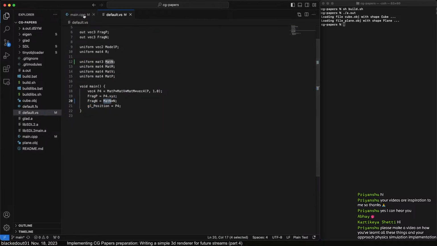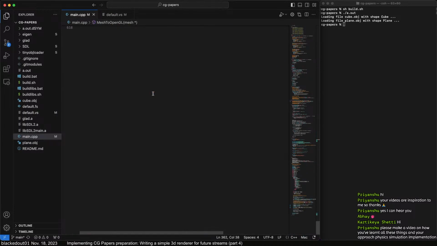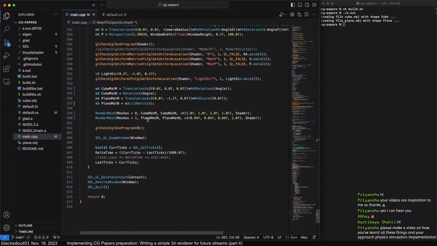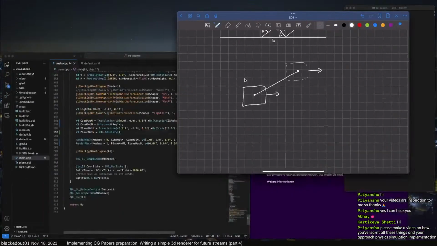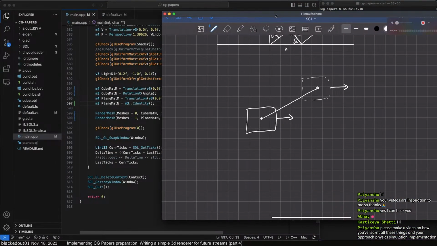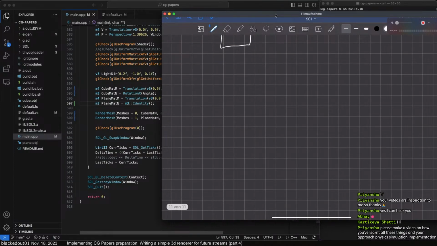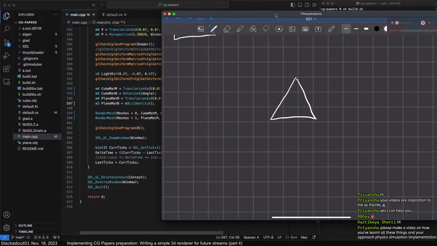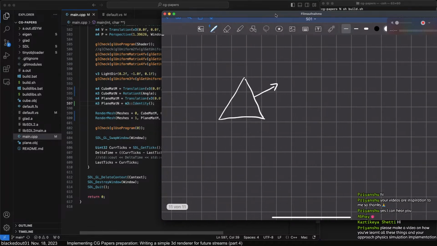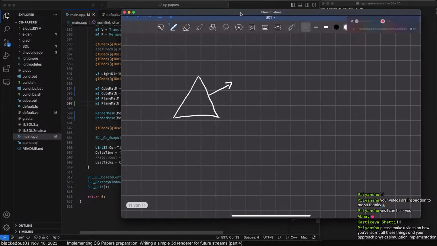Because you need to be a bit careful when you choose what the normal matrix should be. So, as an example, this is another example. If we had like this triangle here, and you were to transform this triangle.